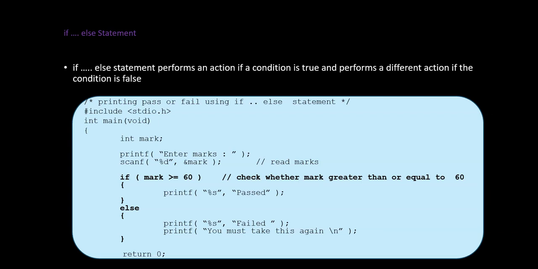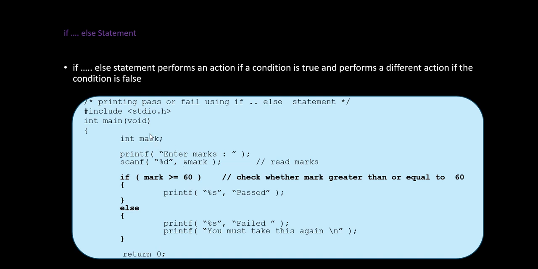Now we are moving into if-else statement. If-else statement performs an action if a condition is true and performs a different action if the condition is false. Here this program printing pass or fail using if-else statement, like what we did in our previous example.